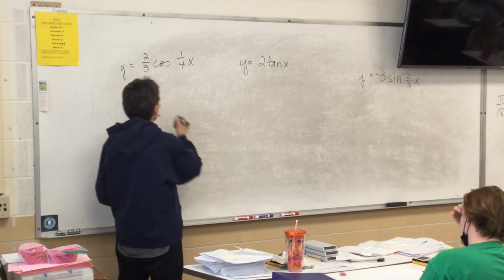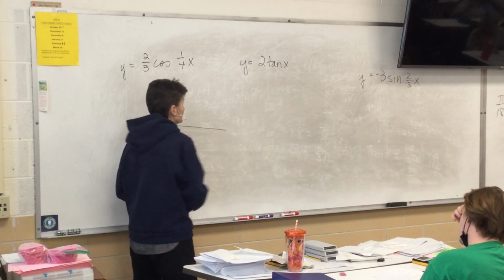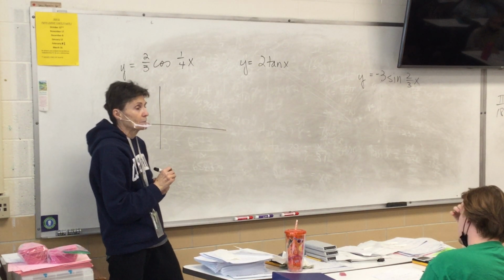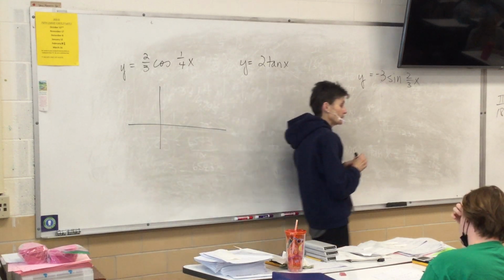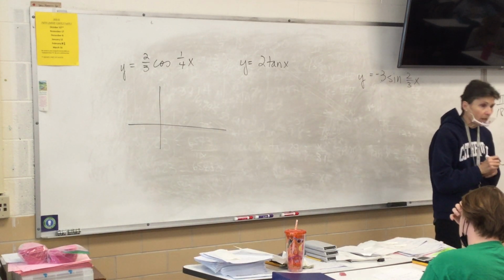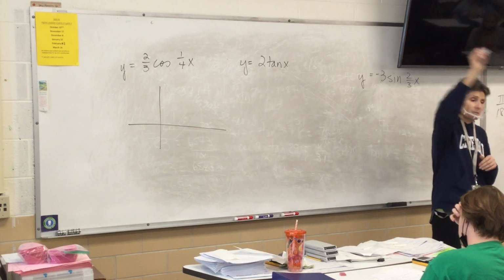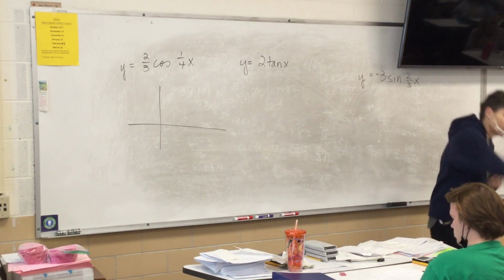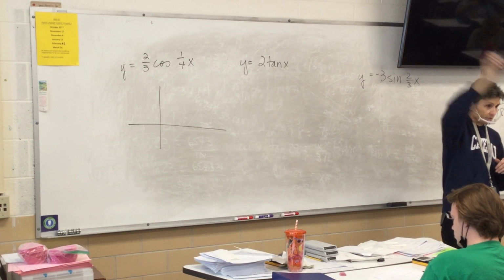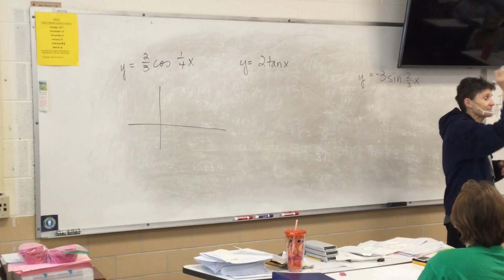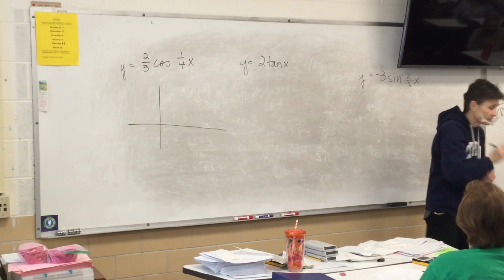So this is a cosine. Cosines are like the skateboarding things, or the snow, those things where they go up and like this. That's what a cosine looks like.